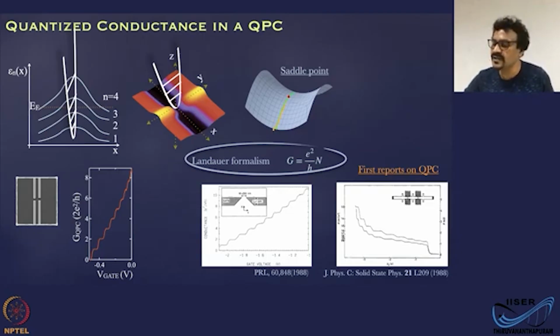So this is the x direction. That's the direction the electrons are going to move through the constriction. That is this direction here, the x direction.